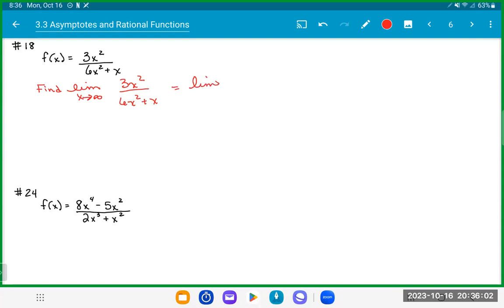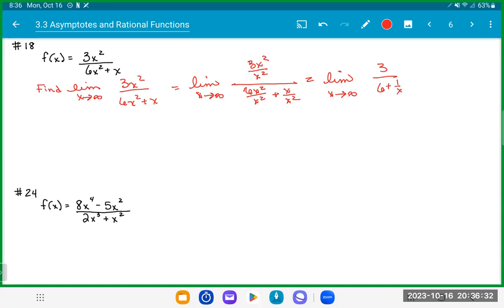So this is the limit as x approaches infinity of 3x squared. My largest exponent in the denominator is x squared. So we're going to divide all terms by this x squared, and simplify that down. So that gives me the limit as x approaches infinity of 3 over 6 plus 1 over x.